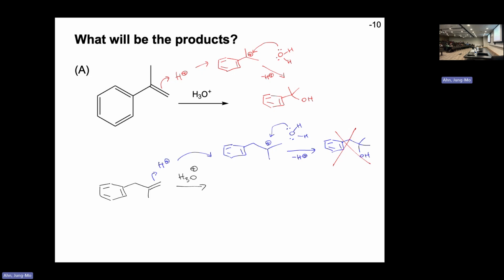So let me tell you why this doesn't go the same way. The answer is that this is a carbocation. What did I tell you when you see a carbocation first? You have to think about the possibility of rearrangement. That's a tertiary carbocation, which is not bad.